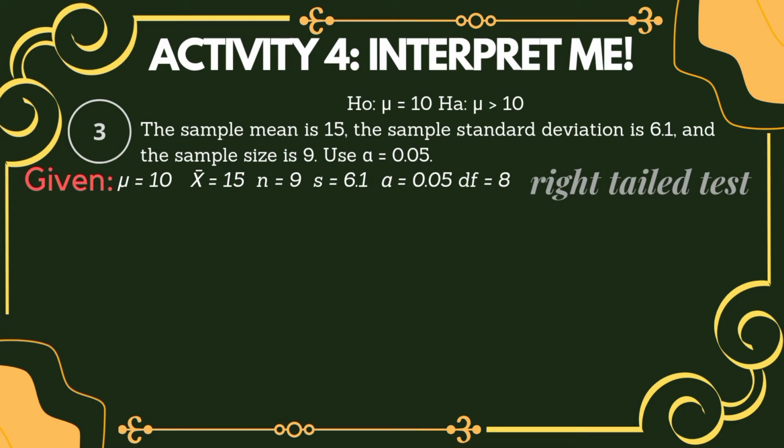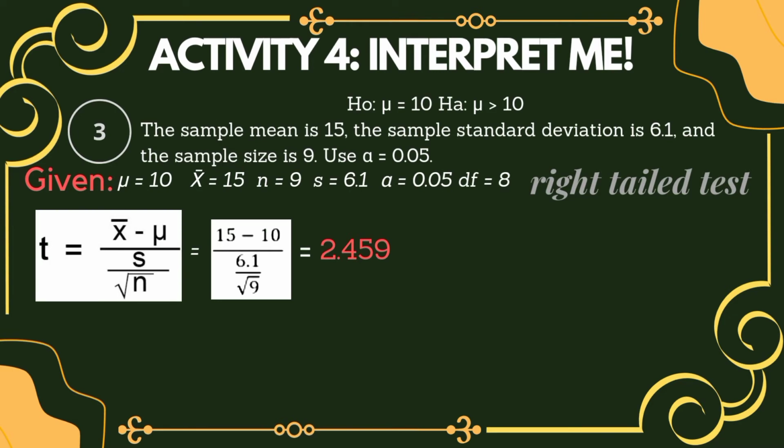Since the sample size is small and the standard deviation is unknown, we are going to use the t-test in computing the computed value. Using the formula, we just substitute all the given values, 15 minus 10, and divided by 6.1 over the square root of 9.